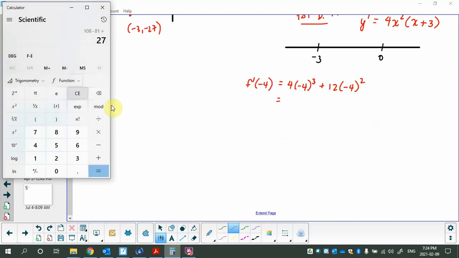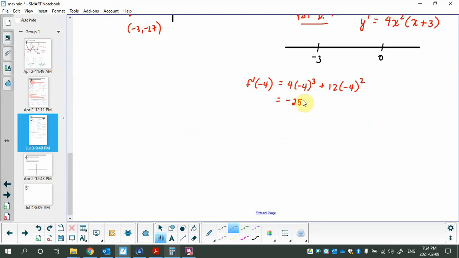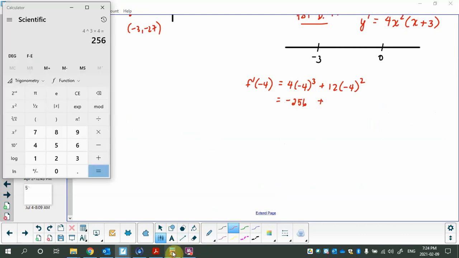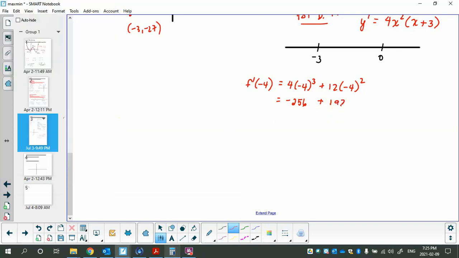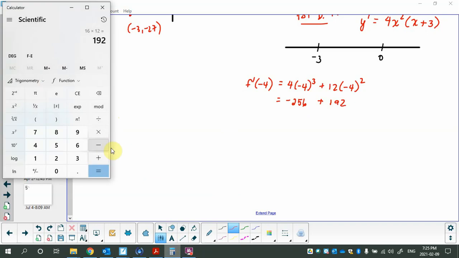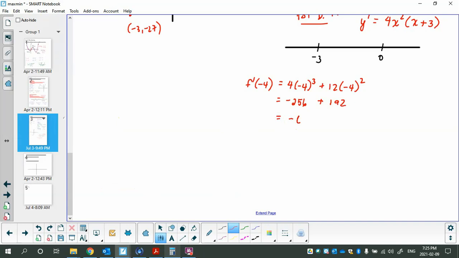I'm going to dig out my calculator because these are big numbers. 4 to the exponent 3, and I know it's negative, times 4 is equal to, negative times a positive, that's -256. Plus, the other thing is 4 times 4, so 16 times 12, and that's plus 192. So I've got 192, and I'm going to minus off that 256 because it's negative, and I end up with -64, and -64 is, go figure, negative, so it's decreasing.